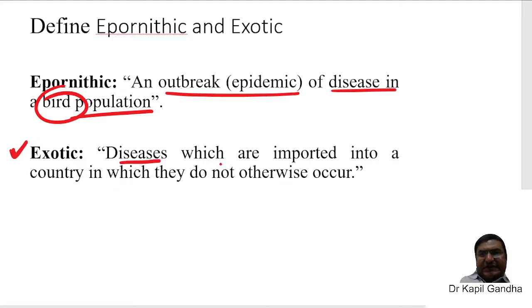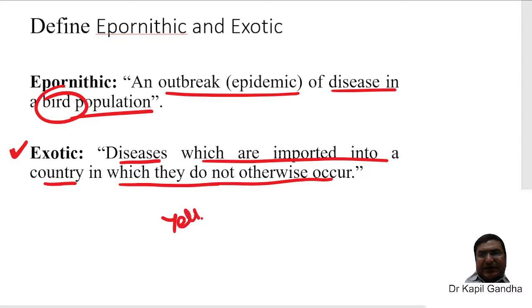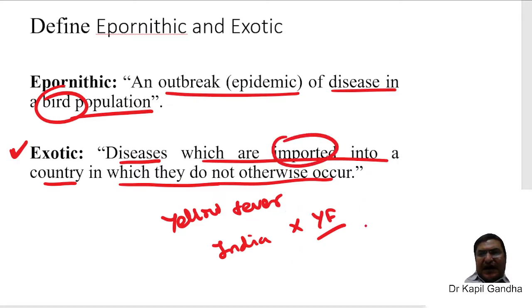It is the disease which is imported into a country in which it does not otherwise occur. For example, yellow fever. India does not see any case of yellow fever, but if it is imported from an African country to India, then it is considered as an exotic disease.